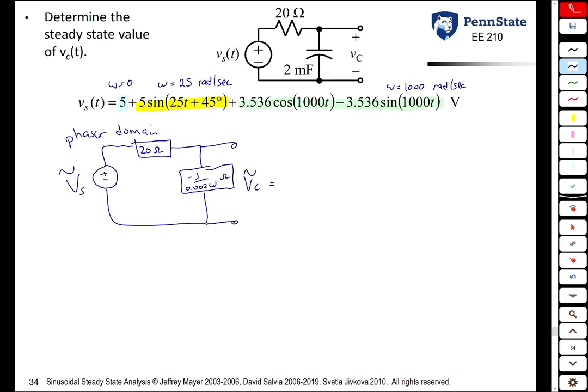And from voltage division, VC phasor is just minus j over 0.002 omega over 20 minus j over 0.002 omega times Vs tilde, multiplying the numerator and denominator each by 0.002 omega.